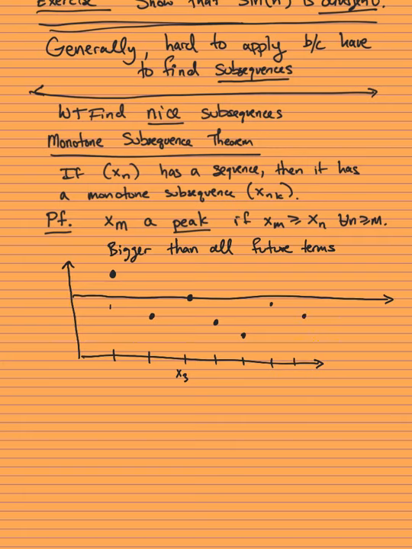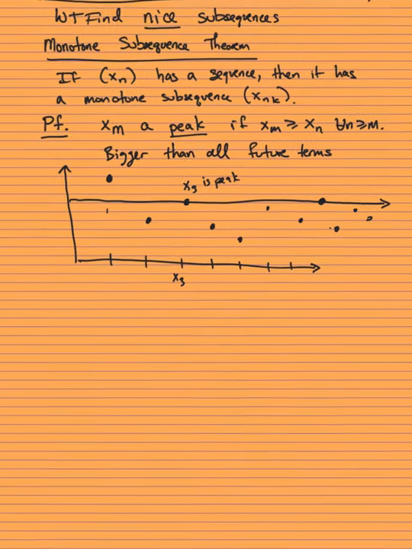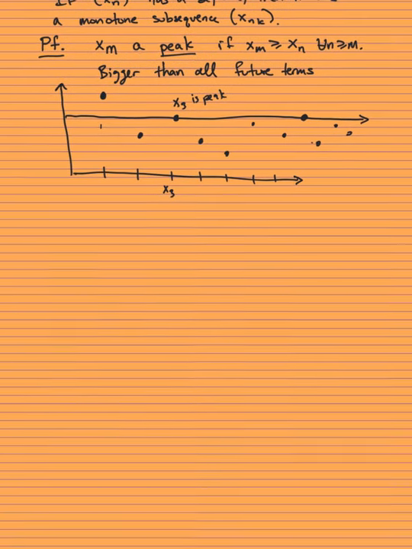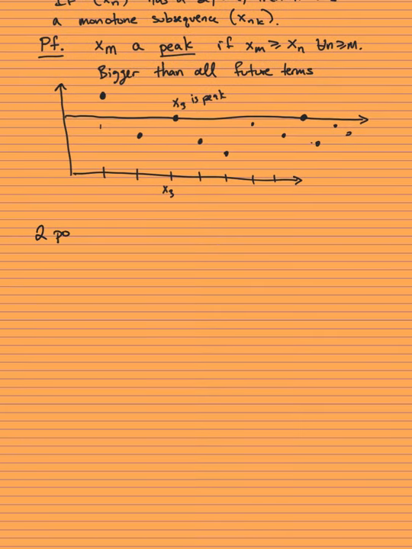Okay, so it's below this line. All right, and I don't have any idea what's going on. It might even go up and reach the peak at some point, but this is not allowed. Okay, so I will undo it. Okay, so this is saying x_3 is a peak if we get a picture like this. Okay, and now there's going to be two possibilities for our sequence. So there's two possibilities.